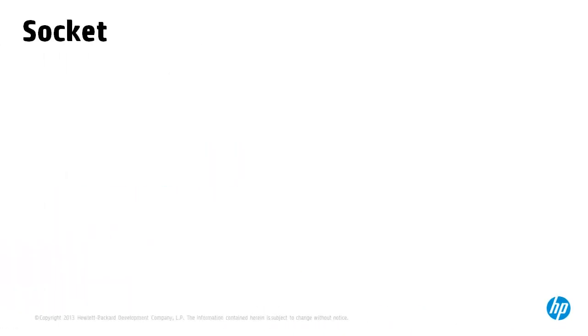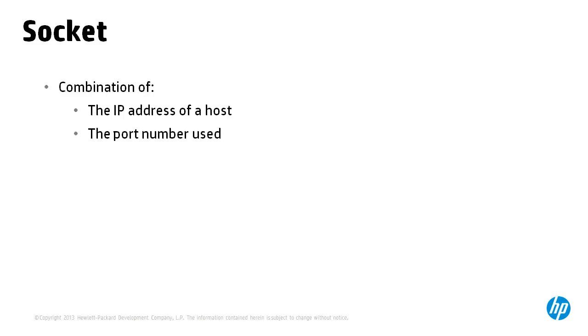Now, before I jump into the technical details of TCP and UDP, I'd like to firstly explain what a socket is, as this term is often used in networking, and I'm going to refer to it in this video. A socket is a combination of the IP address of a host, in other words, the location of a computer, as well as the port number used. Port numbers are used to identify applications.